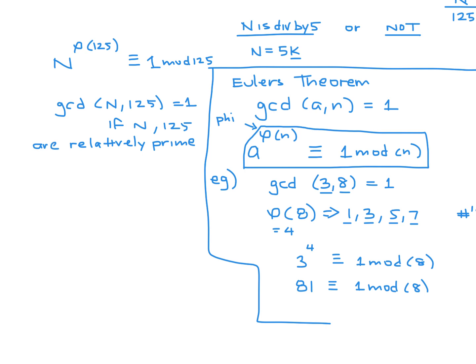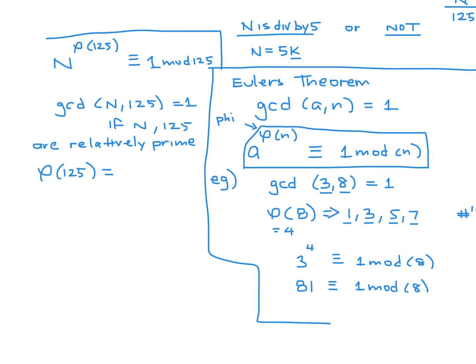And if n is not a multiple of 5, because we already did the multiple of 5 case, and we want to know what happens if it's not a multiple of 5. Okay, let's see. So if we have the phi of 125, I have to find numbers that are positive and less than 125 that are relatively prime.